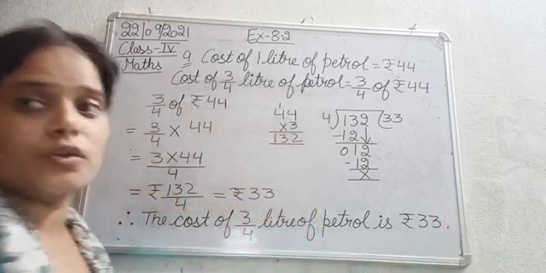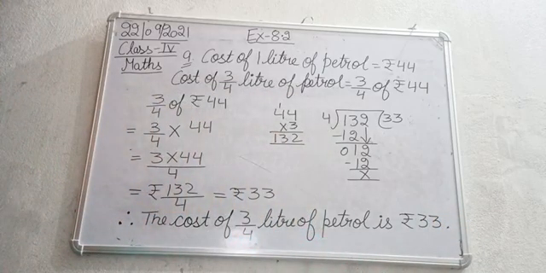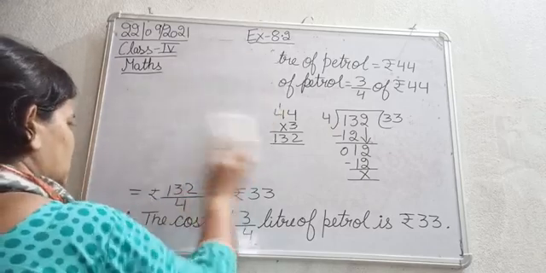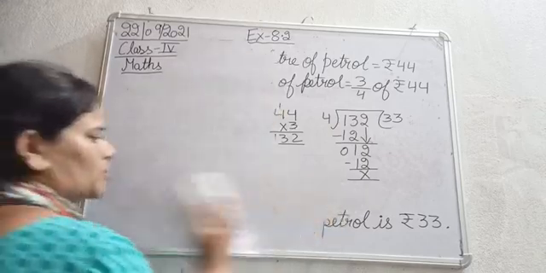So this is the cost of 3/4 liter of petrol, and this is the solution of question number 9 as well. You can pause it here and note it down in your notebooks. Chaliye. Moving next to question number 10. Let's move to the next question.